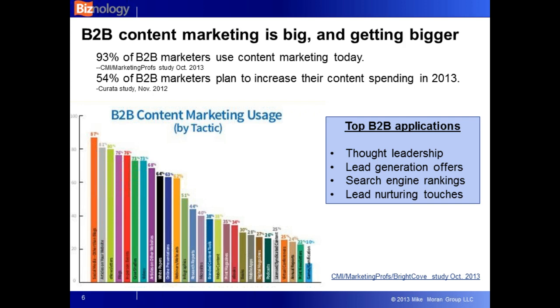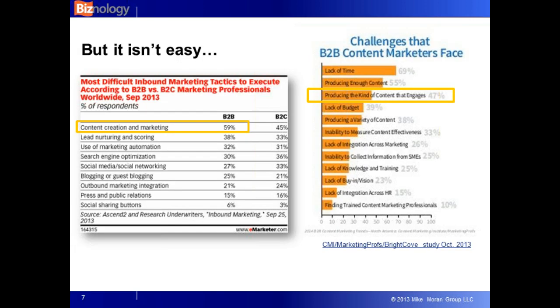So content is used across the B2B spectrum, but I was very surprised by this fresh data that B2B marketers are finding content marketing not as easy as we might think. I think what's really going on here is the problem with content creation. We're all being asked to behave like publishers, and we're really not trained for that.